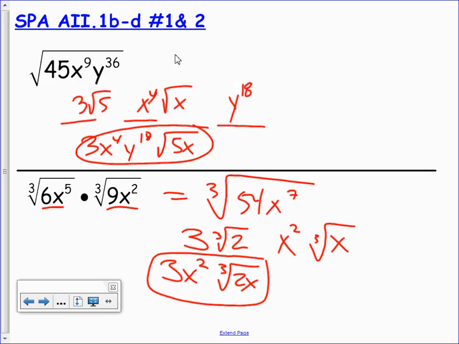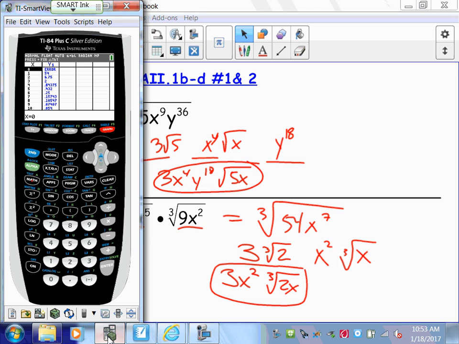Here we go. Every time you hit second plus 7, 1, 2, every time you hit that button, the x always gets reset to 0. Take your favorite number that is not 0.